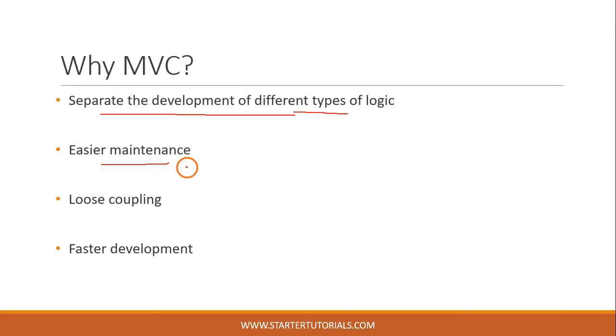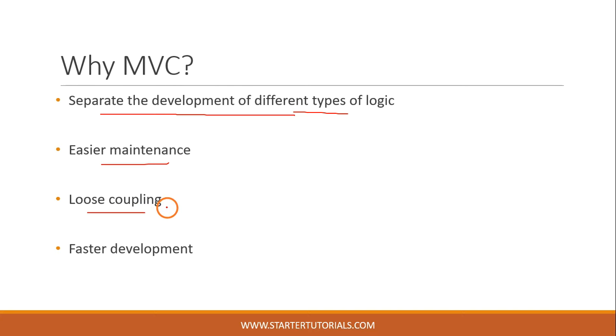So for example, whenever the presentation logic should change, it is enough to change the JSP page. No need to change the servlets and no need to change the Java beans code. Similarly, whenever you need to change the controller logic, you just need to change the servlet page. And this MVC pattern provides loose coupling.